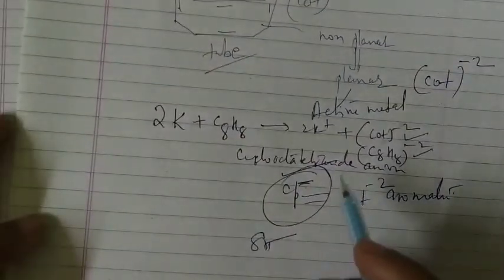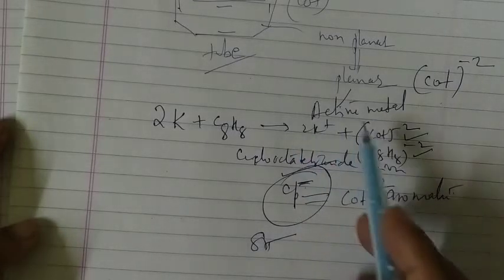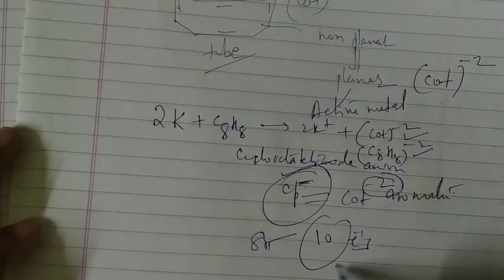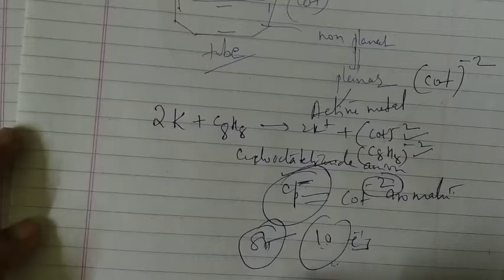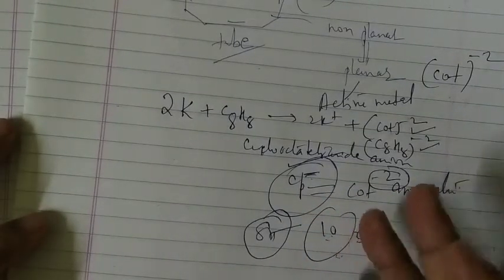And how many electrons does it have now? 8, 9, 10 electrons. After getting this minus 2 charge, it will have 10 electrons, but how many pi orbitals? 8 pi orbitals. See, this is very important: 8 pi orbitals but 10 electrons.